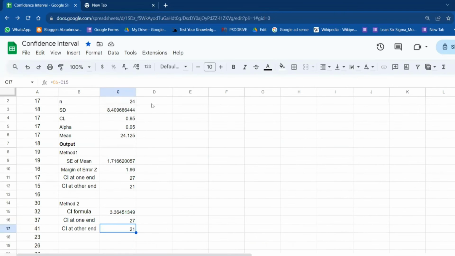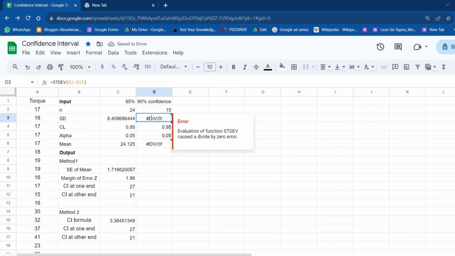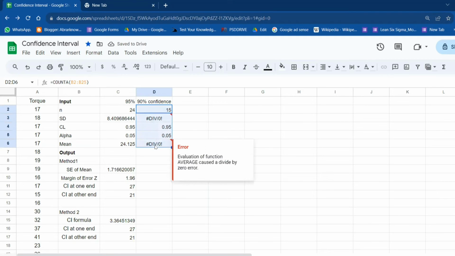Let's go back. This is 95 percentage confidence. Let's do it for 90 percentage confidence. Again, all the values will remain the same, but only this value will change. So let's do it one more time.